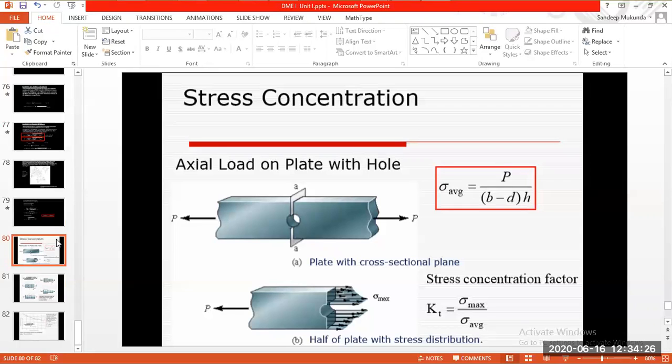So stress concentration, as the name itself indicates, it's a factor. Sometimes we'll take this stress concentration into account.